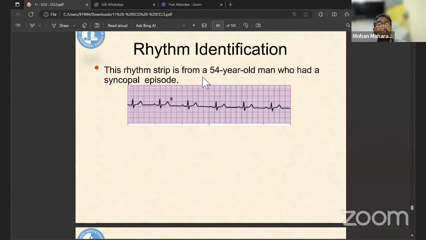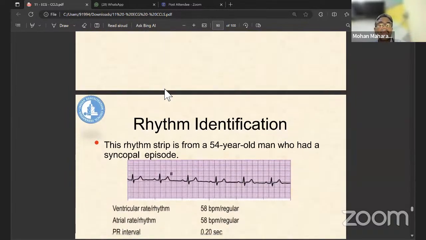The rhythm strip from a 54-year-old man who had a syncopal episode or TIA. What is it again? It has a ventricular rate of 58 beats per minute, regular. Look at 1, 2, 3, 4, 5.